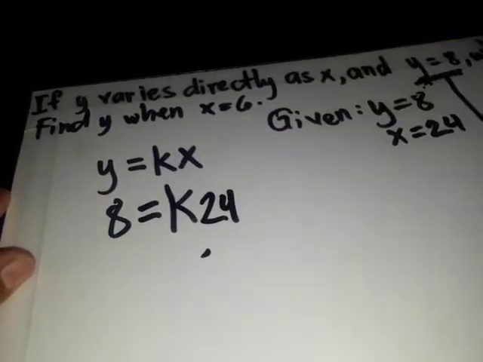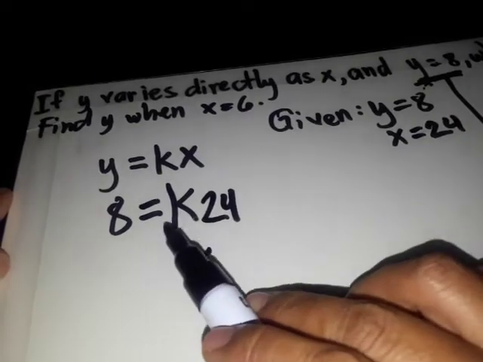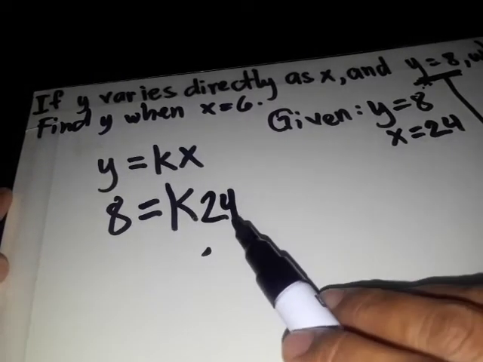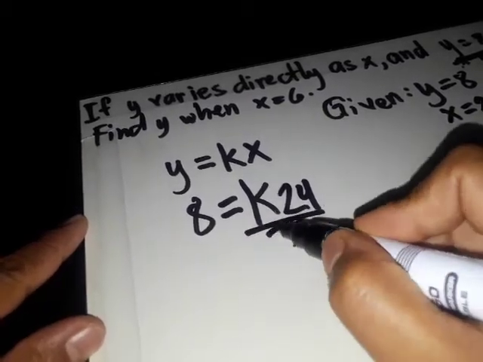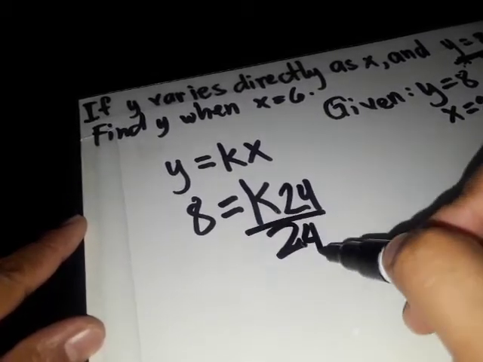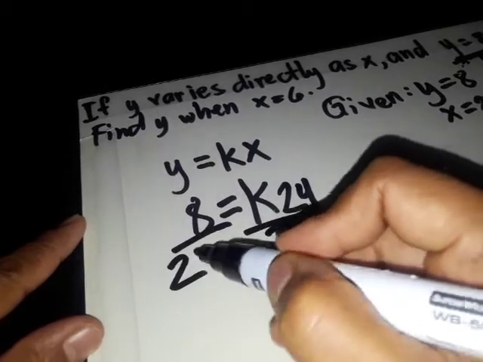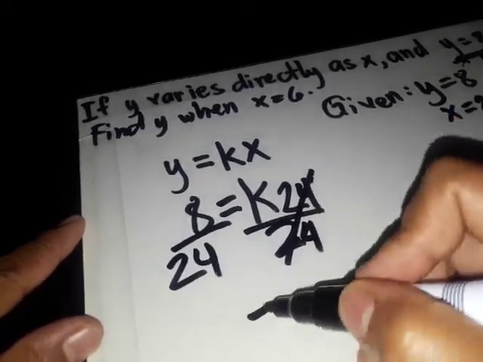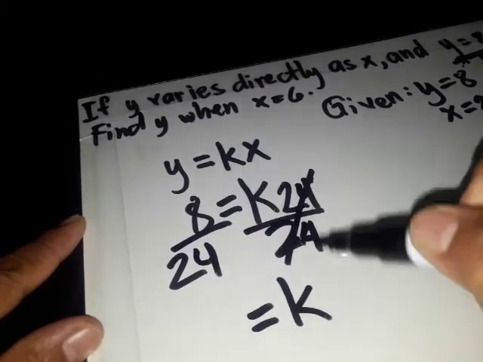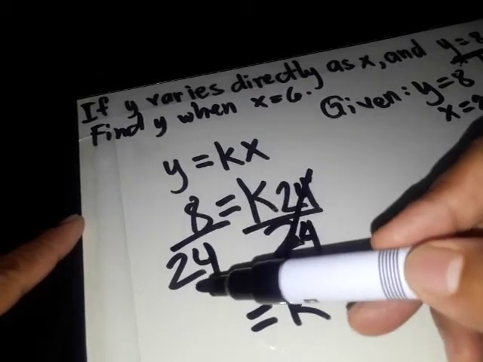Okay, next. Since ang katabi na number ni k ay 24, i-divide natin both sides ng 24. So divided by 24, divided by 24. Cancel na natin ang 24, ang matitira ay si k, and then 8 over 24.